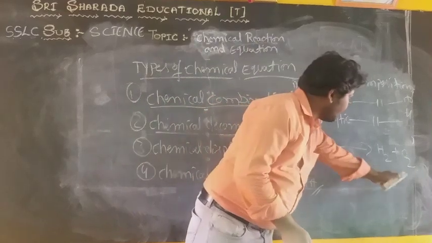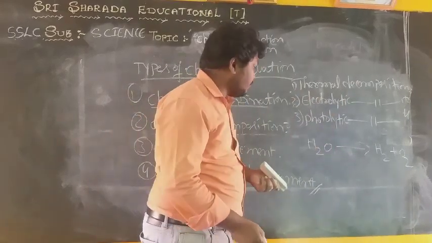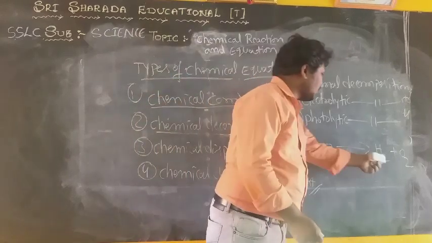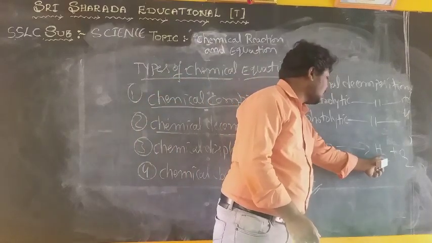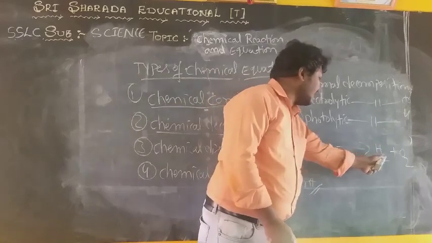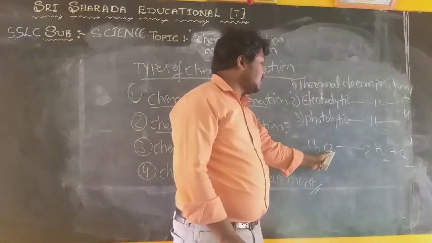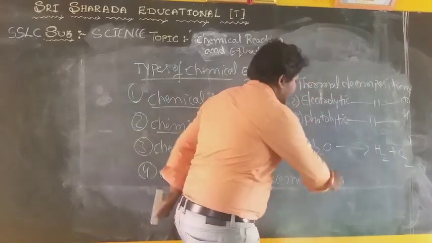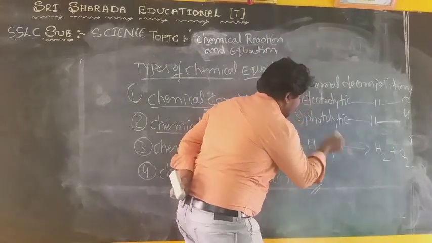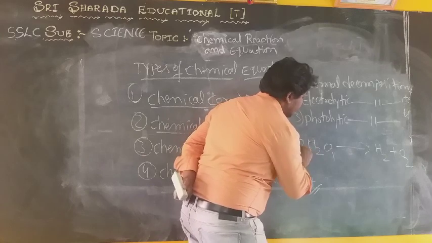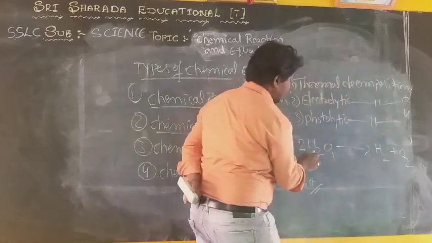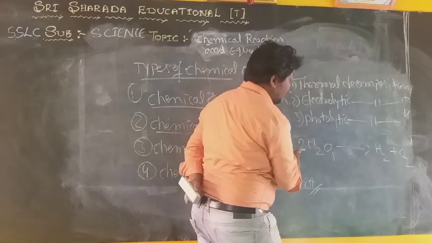Here it doesn't have balancing. So let us try to balance the equation. You know that hydrogen has 2, and oxygen, sorry, here it has 2. So hydrogen is balanced, but oxygen has 1 here and 2 there. To balance that, by multiplying 1 by 2, we can get 2. So it becomes 2 oxygen, but hydrogen becomes 2 twos are 4.